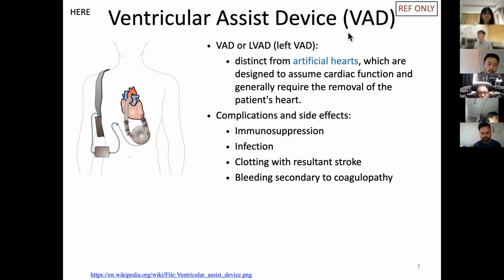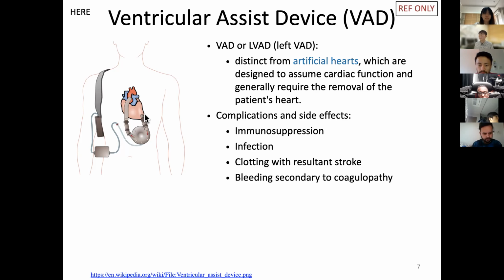This is distinct from artificial hearts, which are designed to assume cardiac function and generally require removal of the patient's heart. We are not removing the original heart, but keeping it. The left ventricle is malfunctioning, and we want to help its pumping function. How can we do that? It will be obvious if you look at the shape of this.